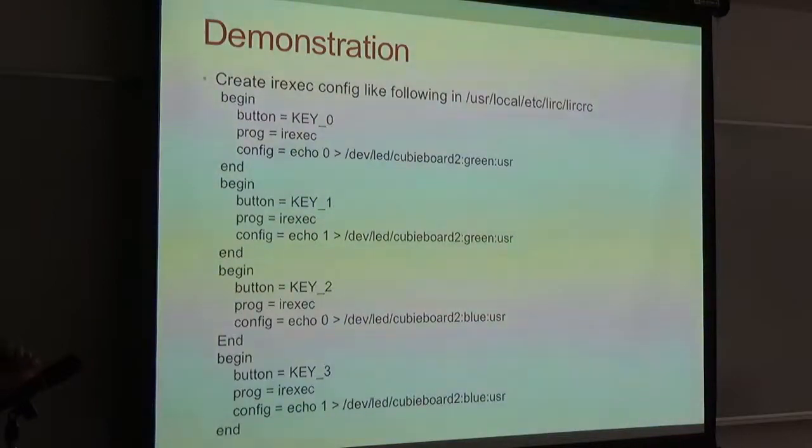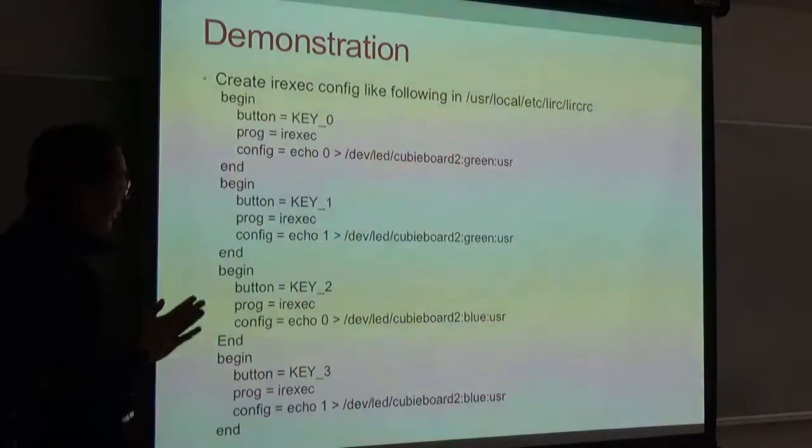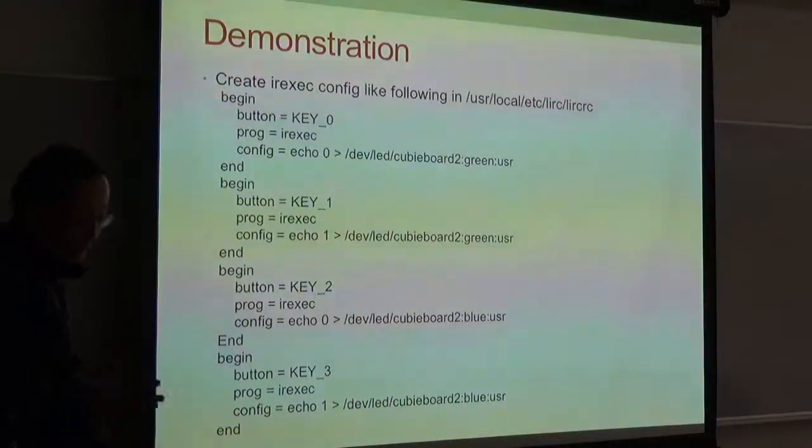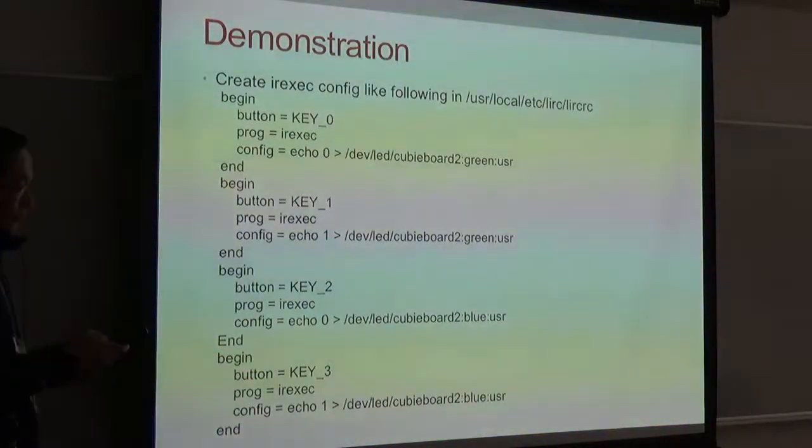Now for the real test, we will use IR exec. IR exec is pretty handy. It defines the key and what we are going to use, and it basically executes the command written here.